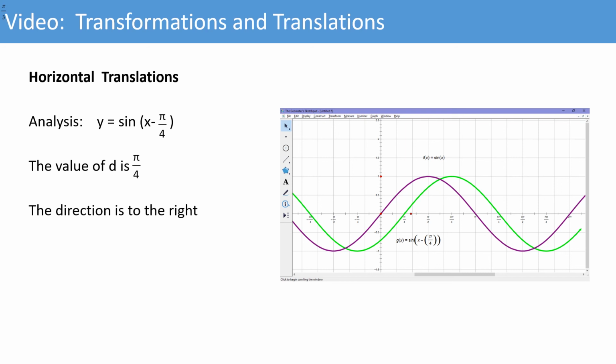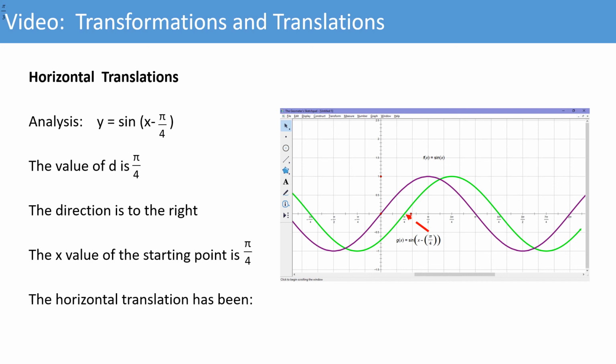This is another little trick. If the sign in the bracket is negative, the direction is to the right. If the sign is positive, the direction is to the left. Don't be confused. The x value of the starting point is pi over 4, the value given in the equation. The horizontal translation has been to the right, pi over 4.